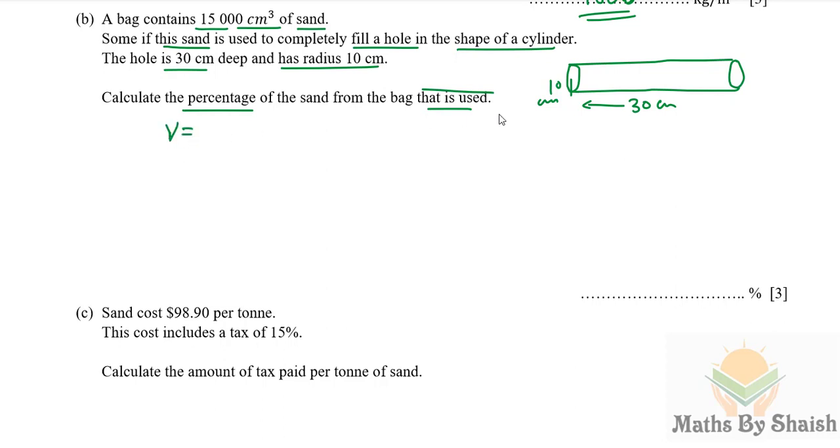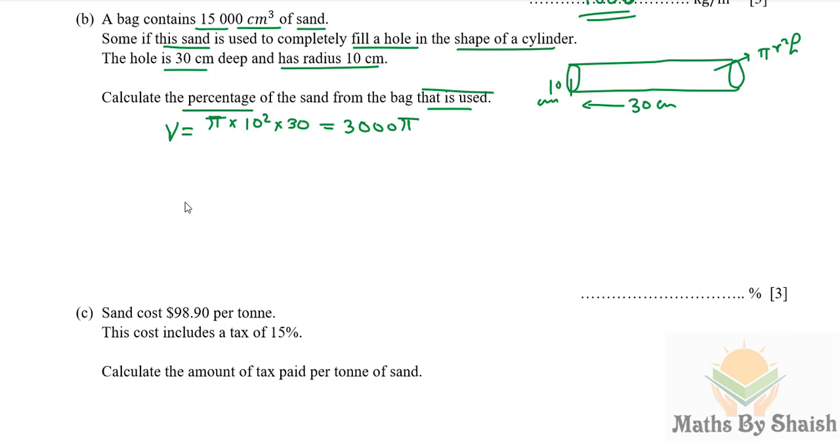And this is a cylinder, and for the cylinder we have discussed, the volume is pi r square h, means pi, radius whole square, into the length of the cylinder. So it is going to be pi, r square means 10 square, into h which is 30. So it becomes 3000 pi. That is the volume.